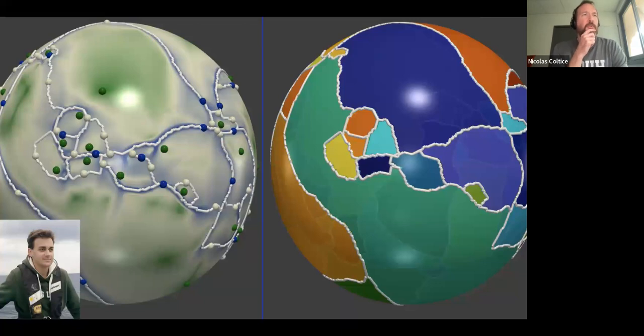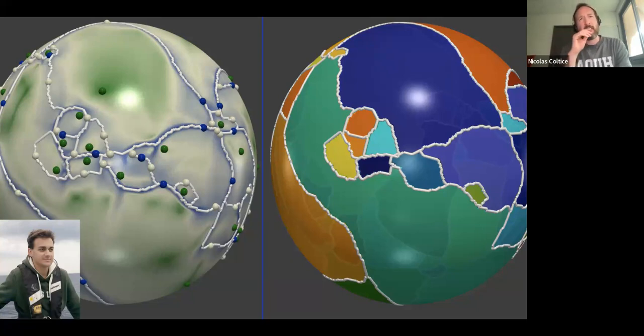With computational topology and computer vision methods, you can automatically determine where the plate boundaries are in this type of model. On the left, the color represents the viscosity field in one model. And in blue and green, there are some very special topological points, Morse-Smale complex points, that help to identify the plates.